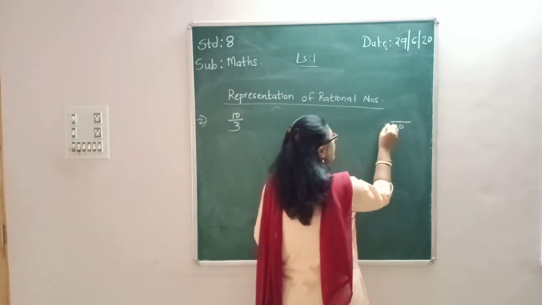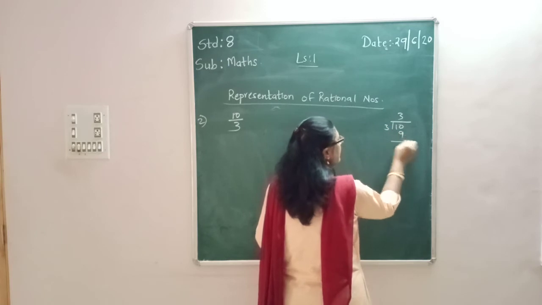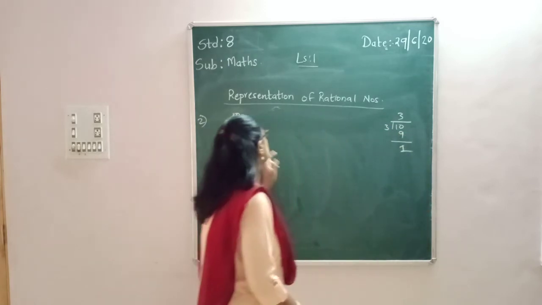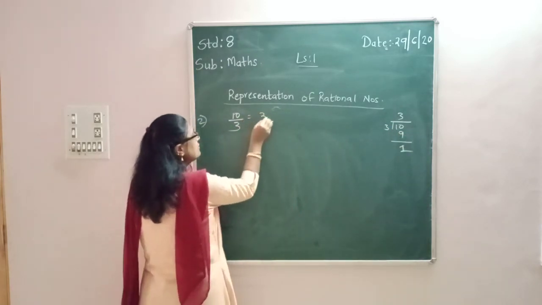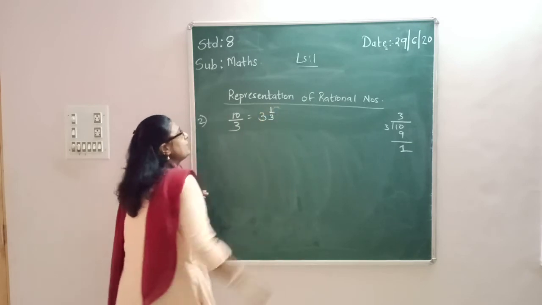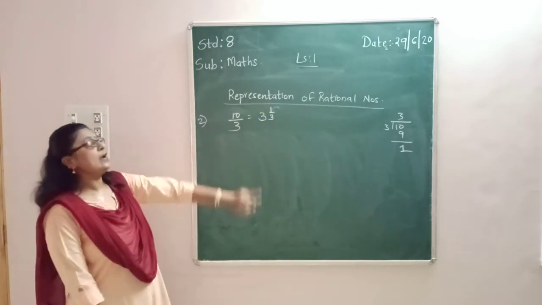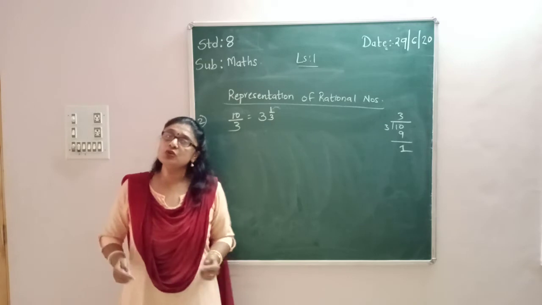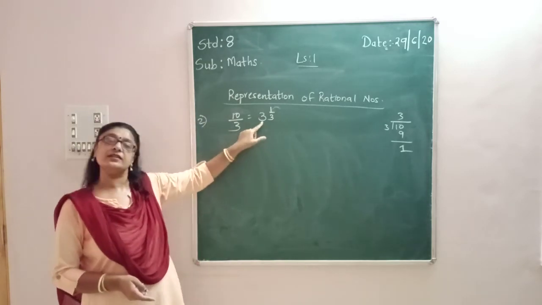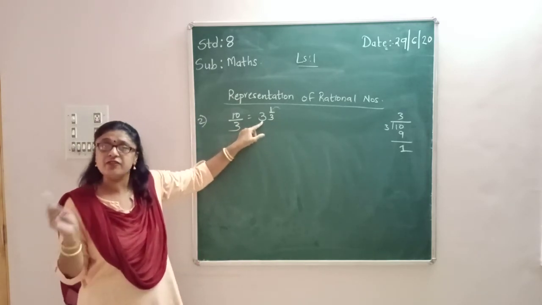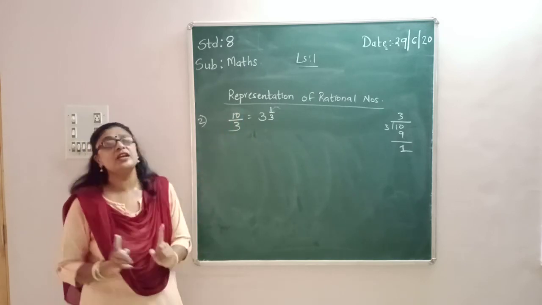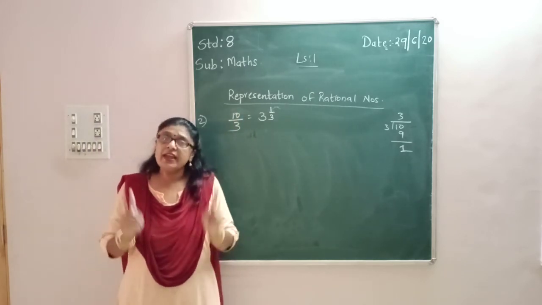So 10 divided by 3. 3 threes are 9, remainder 1. So this I can write as 3 and 1 upon 3. Now this 10 upon 3 is lying between which two numbers? Look at the whole number over here. This is 3. Which number comes after 3? 4. So this 10 upon 3 is lying between 3 and 4.